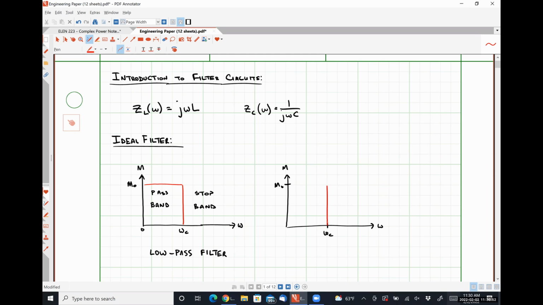So an ideal high pass filter has this response, where everything above omega C is our pass band and everything below omega C is our stop band. High pass filters can also be made with first order circuits.